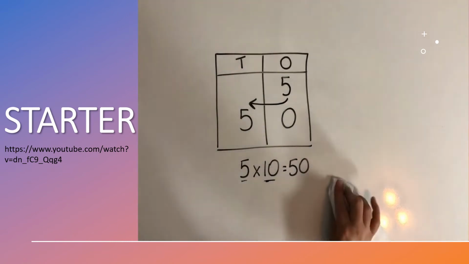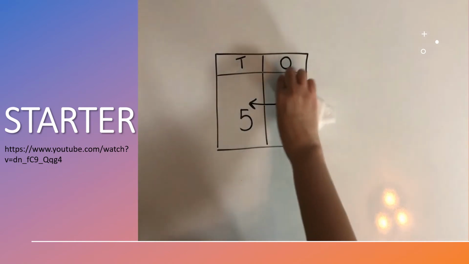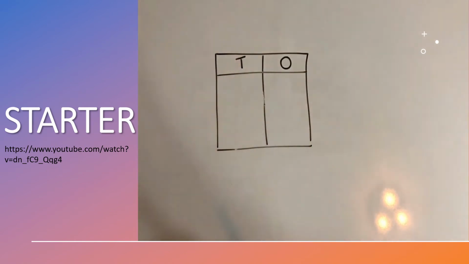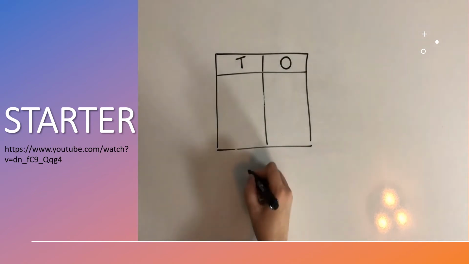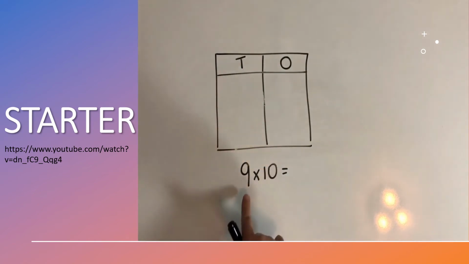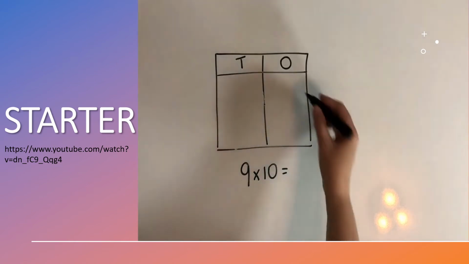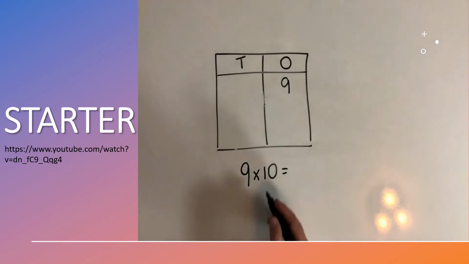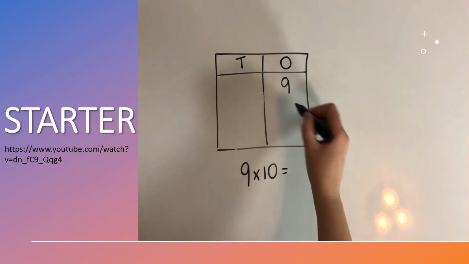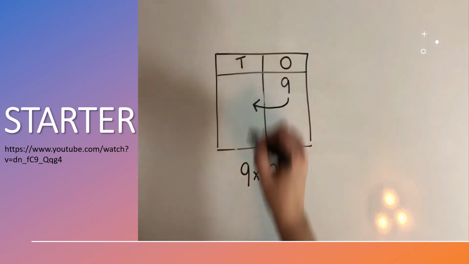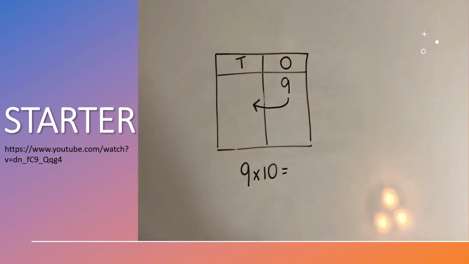Now let's try with another one. Let's try with 9 times 10. So this 9 is 9 ones, isn't it? Now when we multiply by 10, we move the 9 one place to the left because we're making it 10 times bigger.